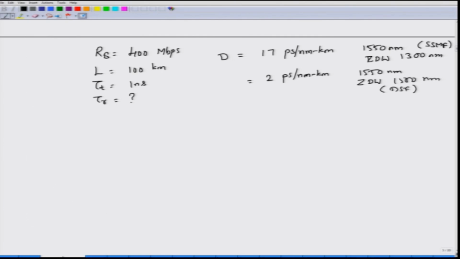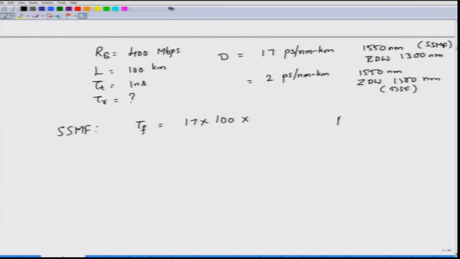Let us now look at it. Suppose I consider the standard single mode fiber. Then the pulse spreading comes out to be, D is 17 picosecond per nanometer kilometer, my length is around 100 kilometer. Okay. What about the spectral width?